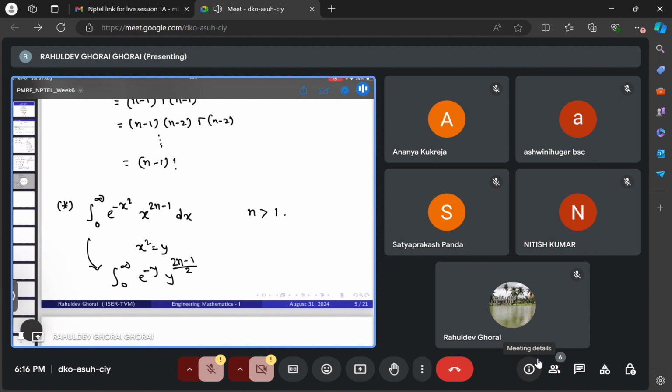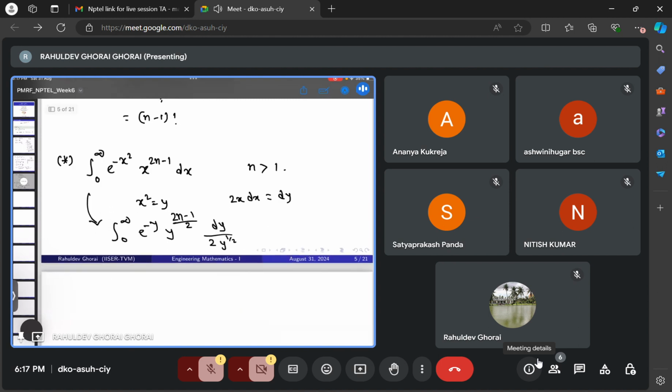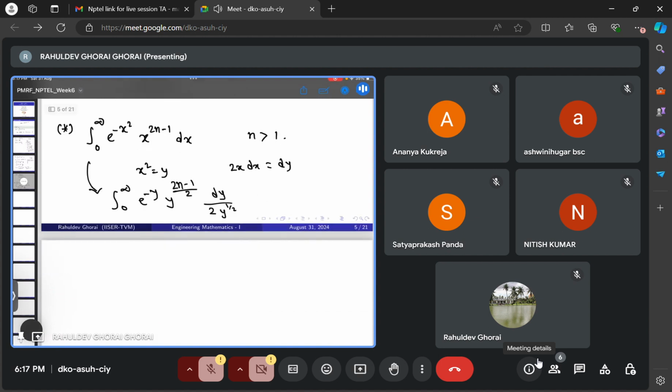Times 2x, dx will be dy, so this thing will be dy over 2 times y to the power half. So this one again you can write as integral 0 to infinity of e to the power minus y.